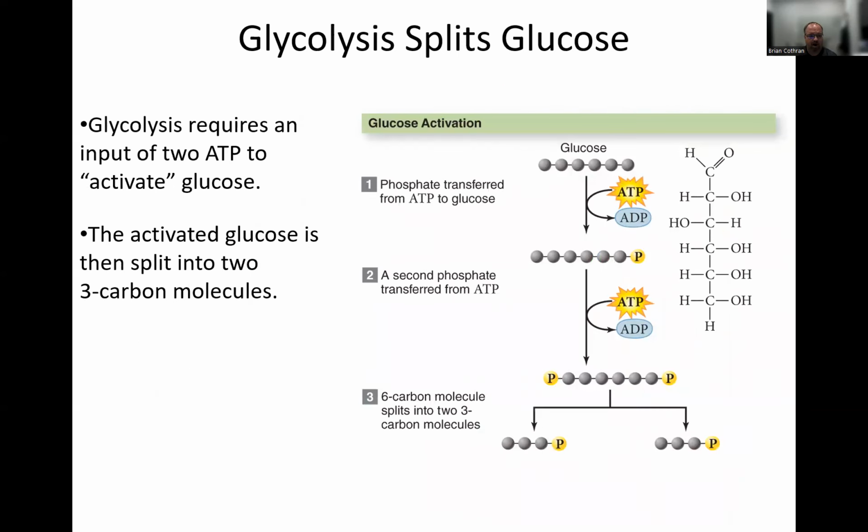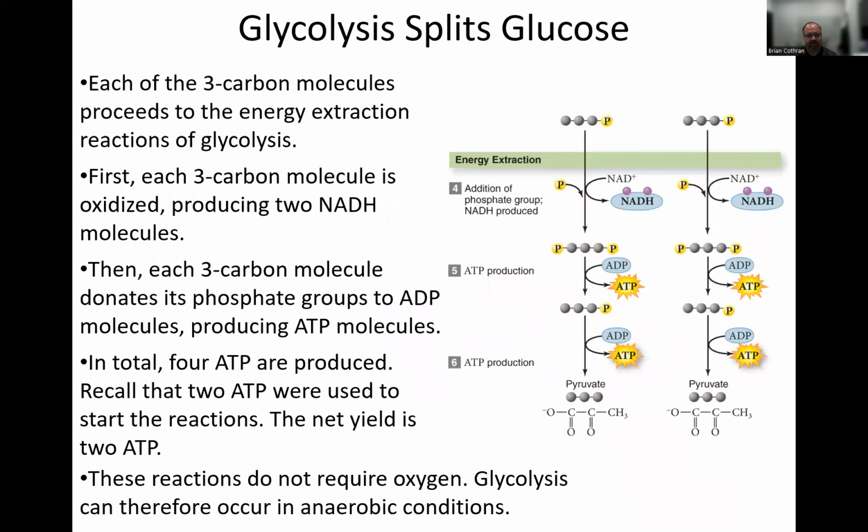And it actually requires the input of 2 ATP to activate the glucose, if you will, to get it ready for that splitting here and adding that phosphate on here, getting it ready to go into production. Each of the 3 carbon molecules proceeds to the energy extraction point. First, each 3 carbon molecule is oxidized, which means that it loses an electron, producing 2 NADH molecules.